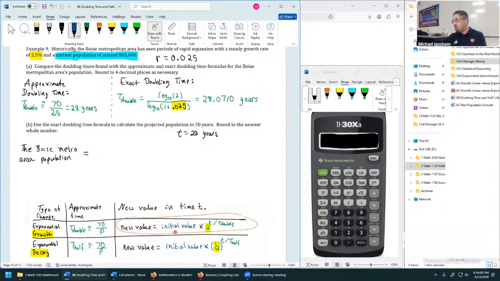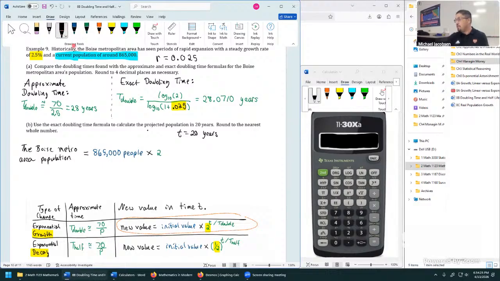We take an initial value following this formula, and that's what this current population was here, 865,000 people. We multiply that against the fractional growth rate, that's 2 to the power of t divided by the doubling time, t double.